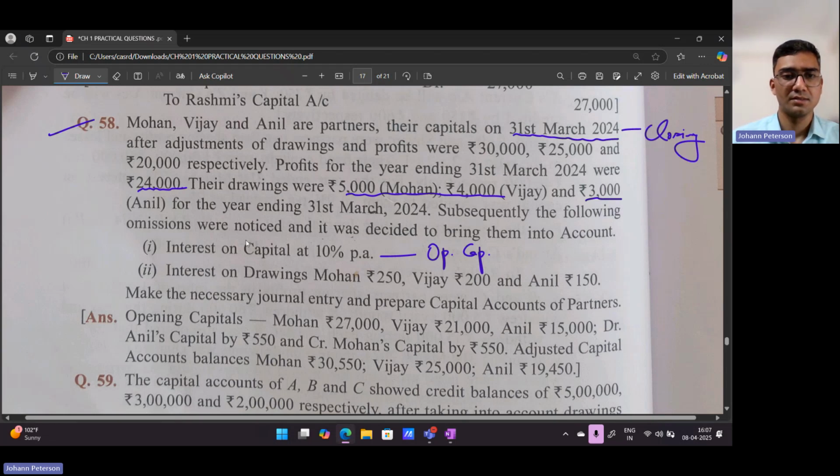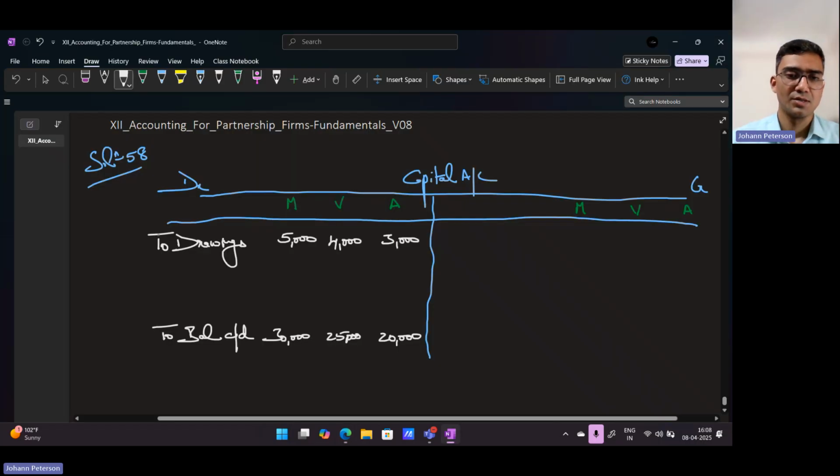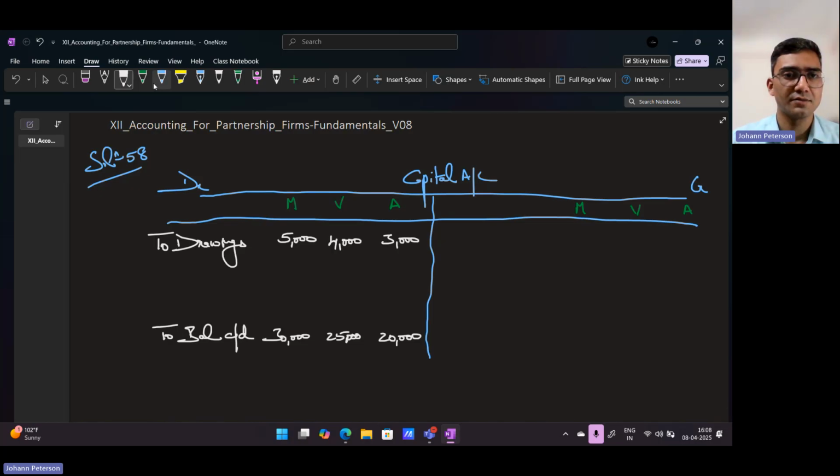And it says that we had omitted these 2 items, which is interest on capital and interest on drawings. So basically, we don't have interest on capital and interest on drawings in this question. So here it is as if which otherwise we would have written interest on drawings and we would have written some amount, but in this question, there is nothing.